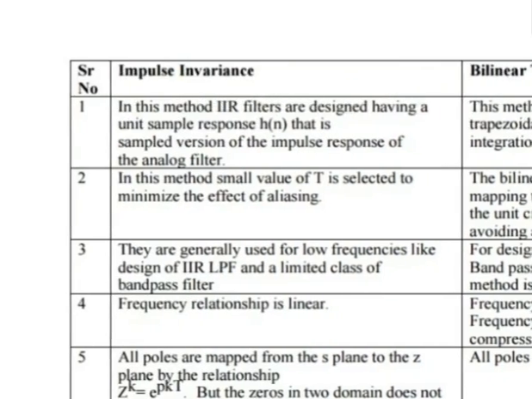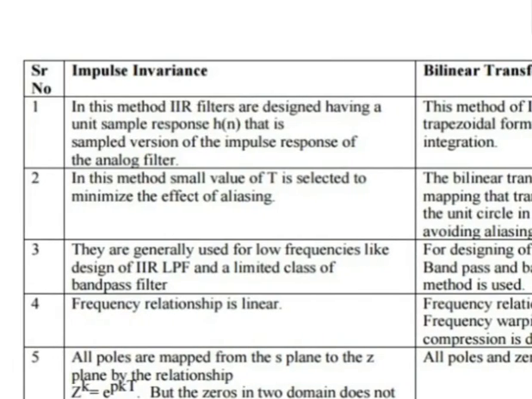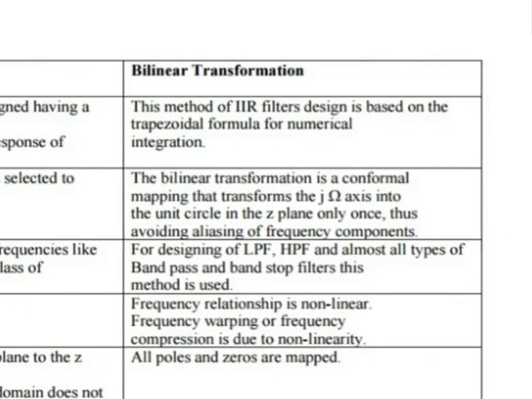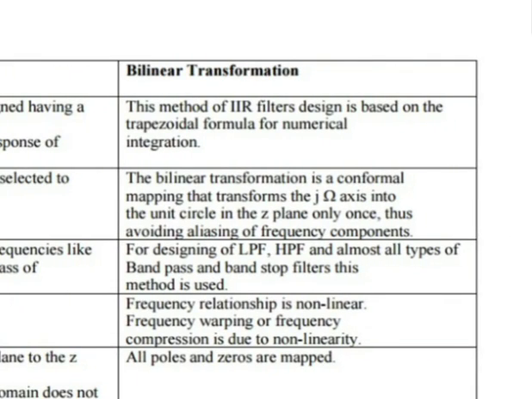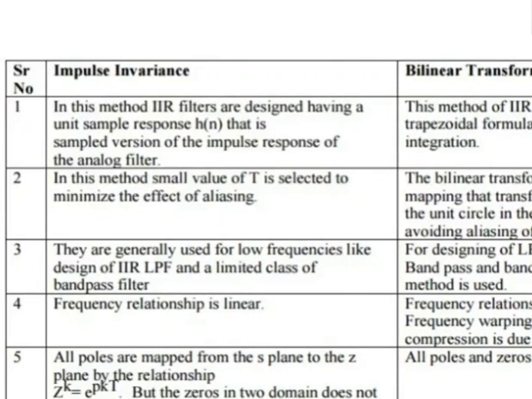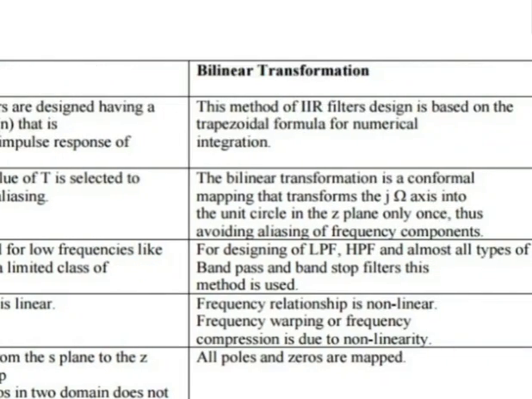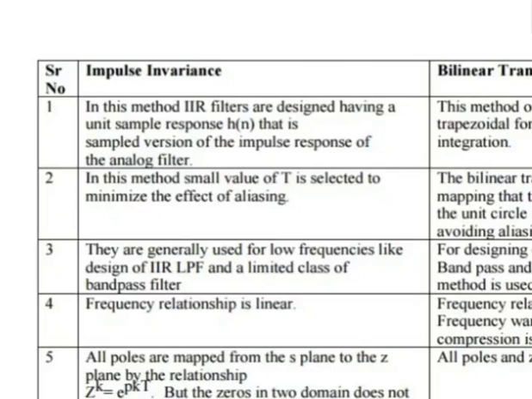thus avoiding aliasing of frequency components. Impulse invariance is generally used for low frequency designs like IIR low pass filters and a limited class of bandpass filters, while bilinear is used for designing low pass filters, high pass filters and almost all types of bandpass and band stop filters. In impulse invariance, the frequency relationship is linear, and in bilinear, the frequency relationship is non-linear.